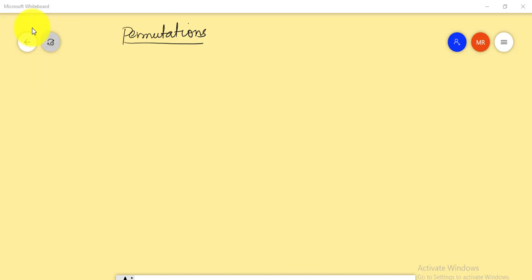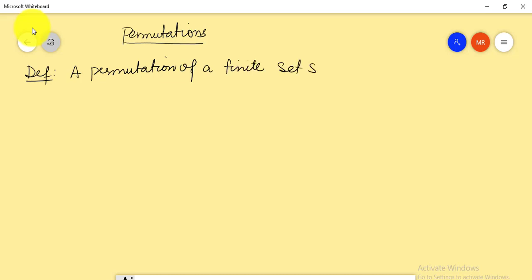So the definition is here. A permutation of a finite set S is a one-to-one mapping or function from S to itself.